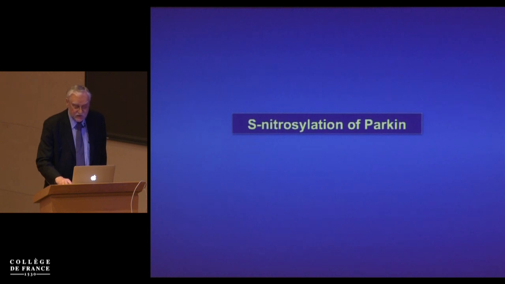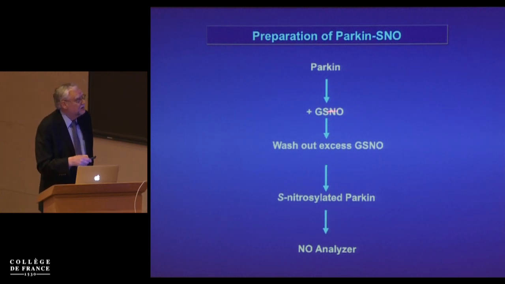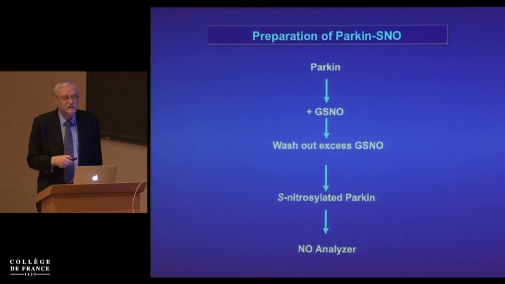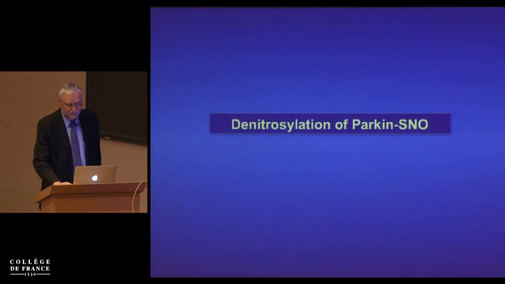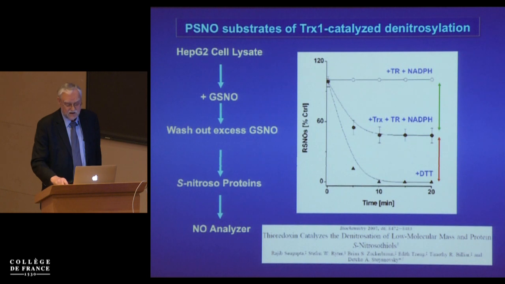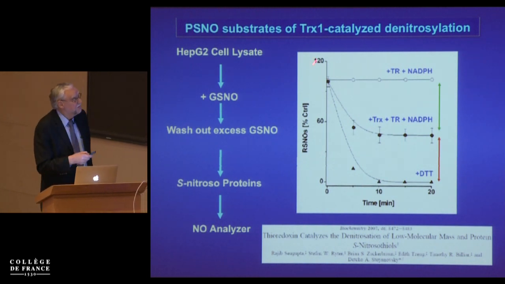We can also nitrosylate parkin. Nitrosylation you do by taking parkin, incubating with nitrosylated glutathione, GSNO, and then you have nitrosylated parkin, and then you can follow this by, for instance, an NO analyzer. And denitrosylation of parkin is done by thioredoxin, in this case.